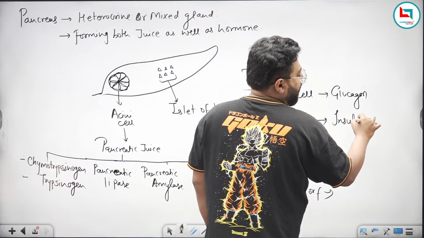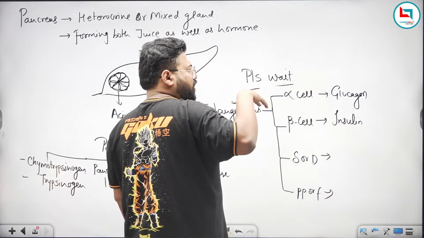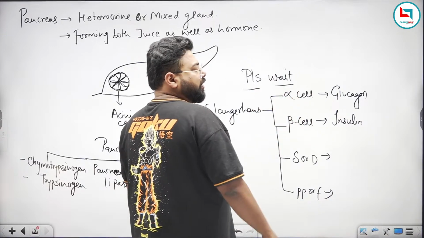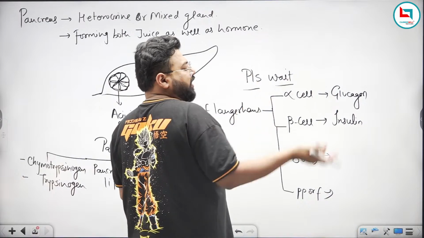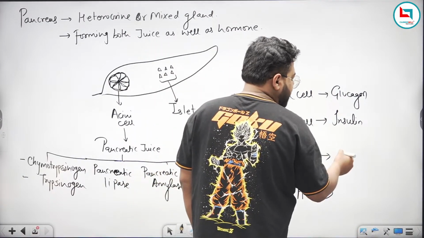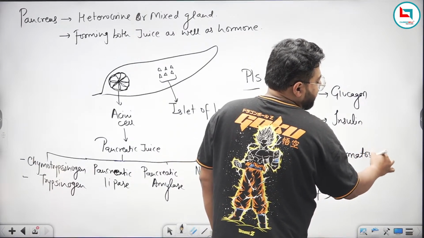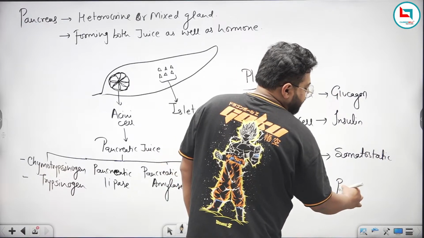If somehow these beta cells get disturbed or do not form insulin, our body will suffer from a disease known as diabetes mellitus. The delta or D cell releases somatostatin, and the PP or F cell releases pancreatic polypeptide.